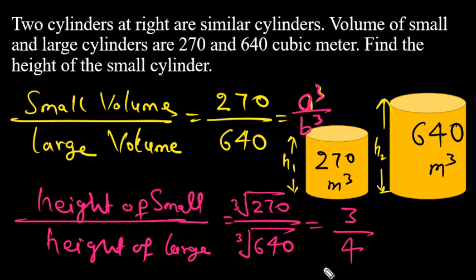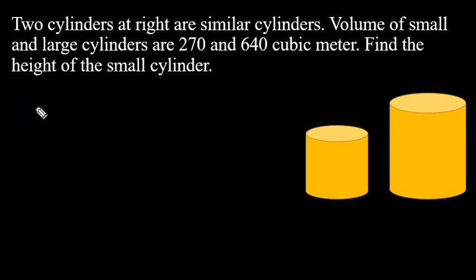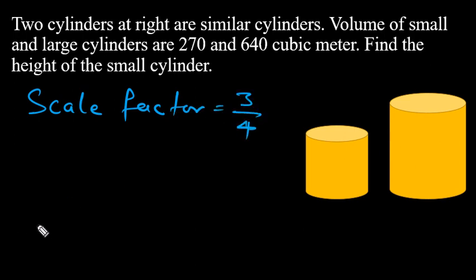So till now I think everything is clear. Now how will you find the height of the small cylinder? First of all, this is your scale factor. Now here, let me just clear this information so you can see. Okay, so far we know the scale factor 3/4, right?